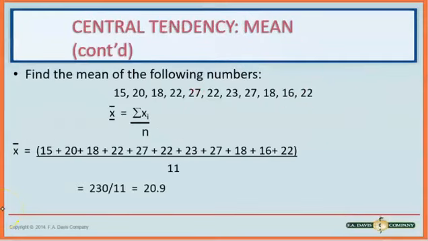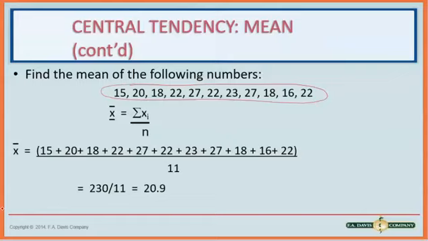So here's our example of a mean problem. It says find the mean of the following numbers. So it gives us this whole set of data points. Okay, so we're going to have to add these data points up or find the sum of these data points, and then we're going to have to divide by the total number of values given, or the total number of data points.